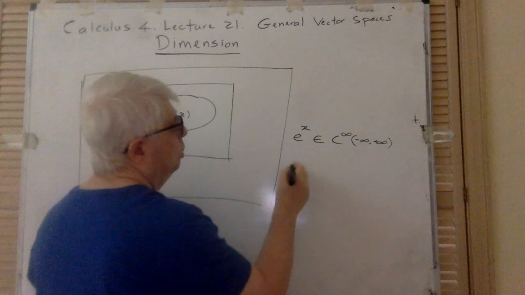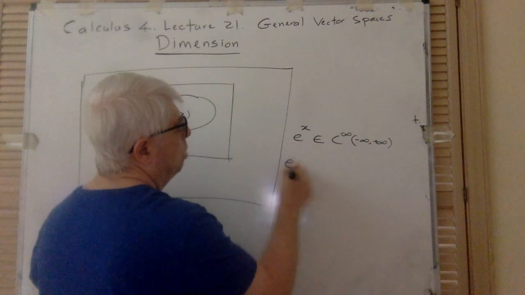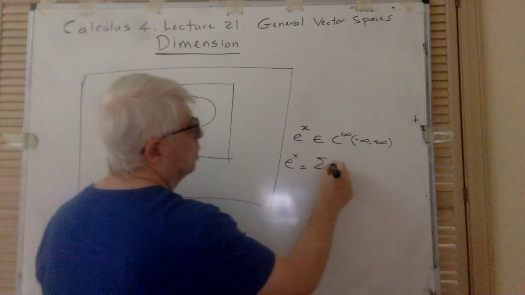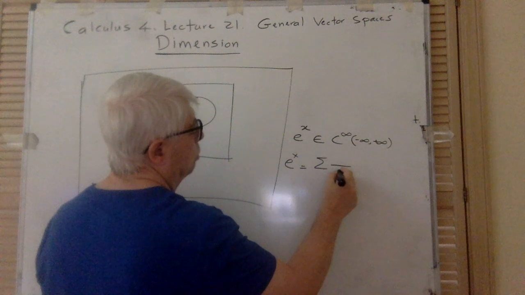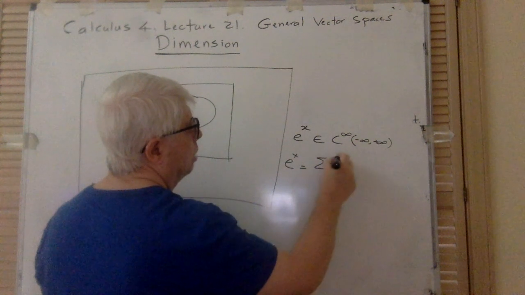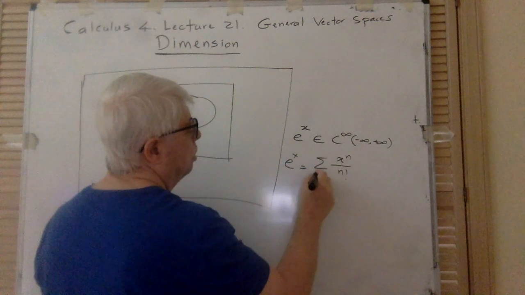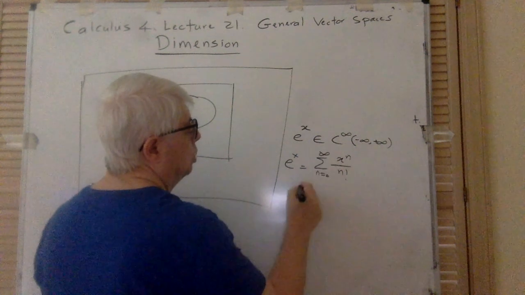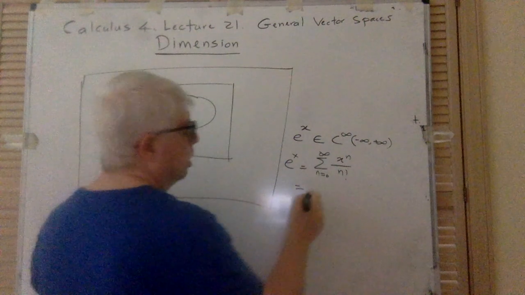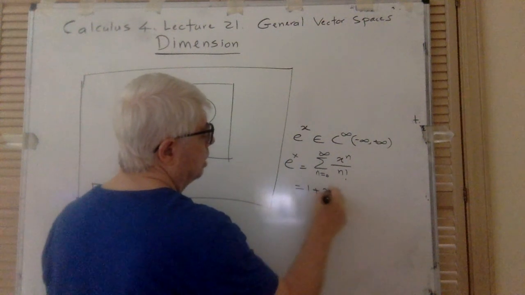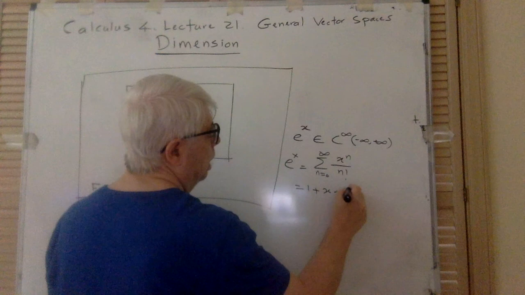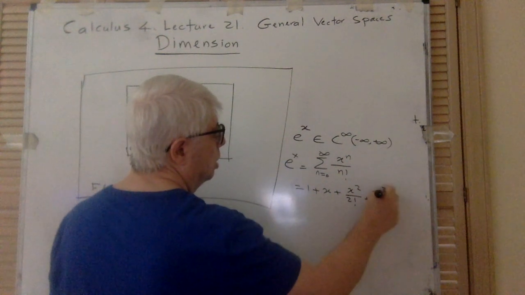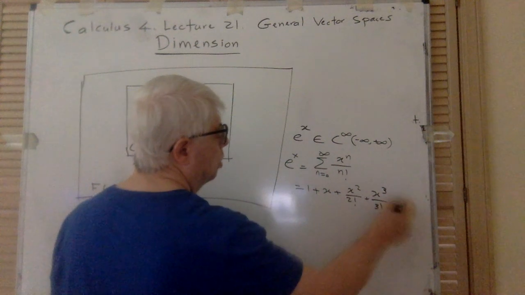Remember from Calc 2 that you can write e to power x as the sum, n from 0 to infinity, of x to power n over n factorial. So it was like this: 1 plus x plus x squared over 2 factorial plus x cubed over 3 factorial, and so on.